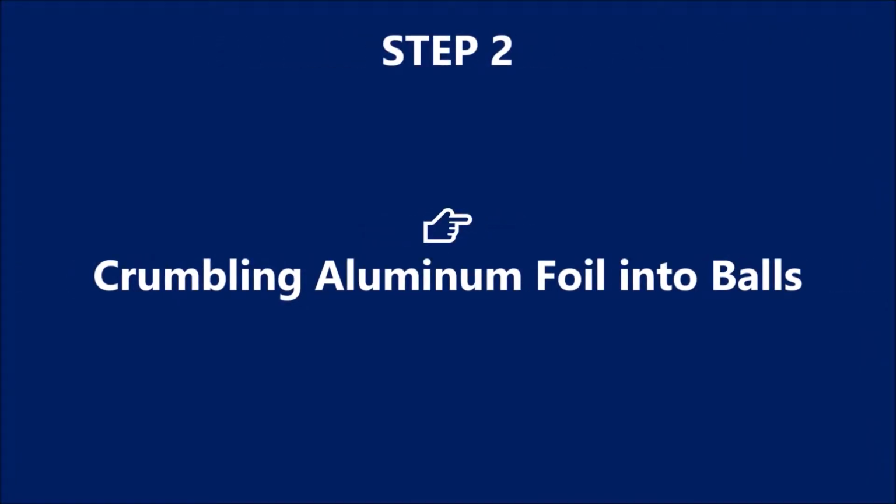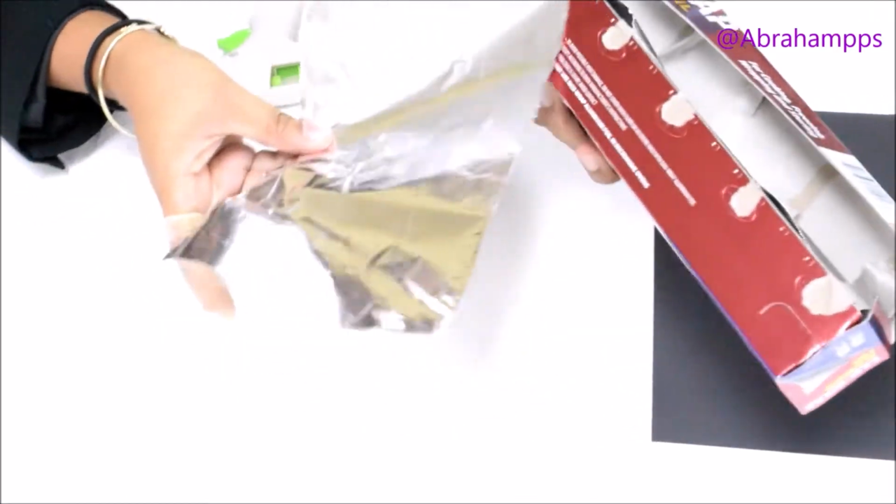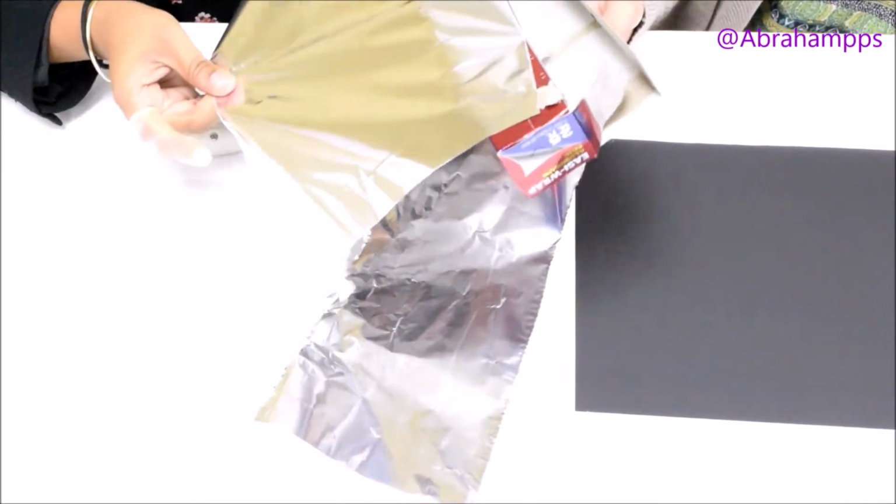Step 2. Crumple large sheets of aluminum foil into loosely shaped balls to create a frame for a structure.